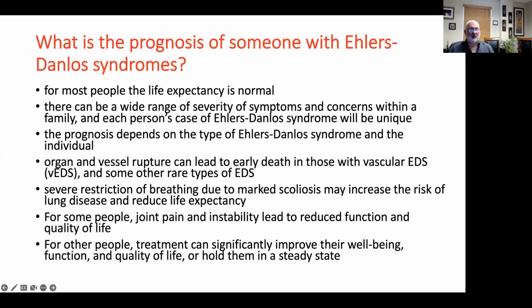But unless you have vascular EDS or kyphoscoliotic EDS, where your spine is very deformed and it interrupts your breathing, most people who are hypermobile or have hypermobile EDS live normal lifespans.